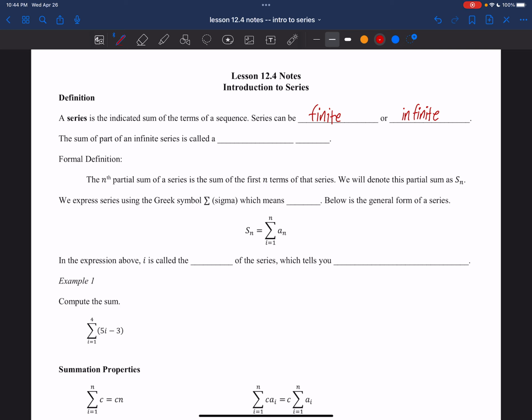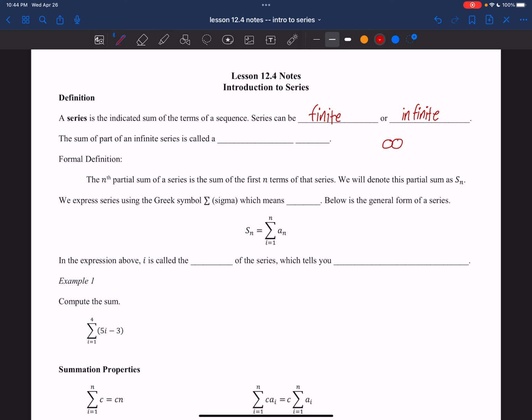We have this idea of infinity being never ending, unlimited, going towards infinity. Well, finite means it stops. Finite means it is a particular set of values that's concrete. It has a stopping point.